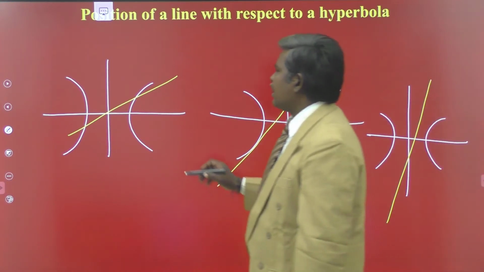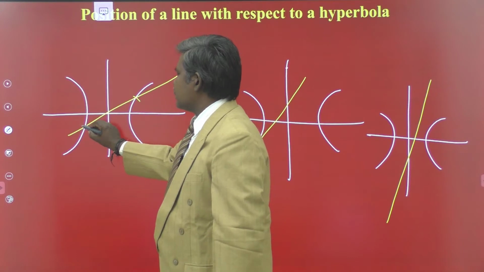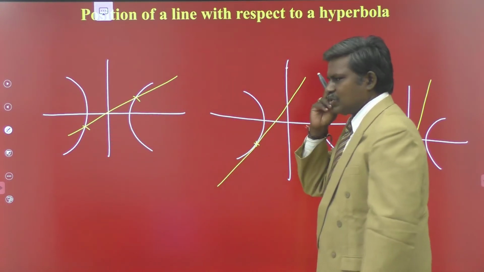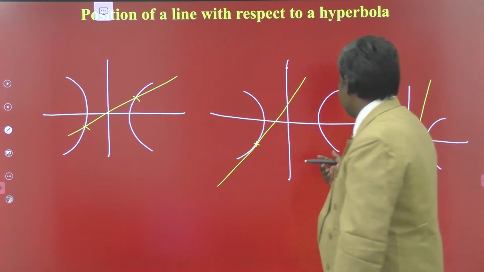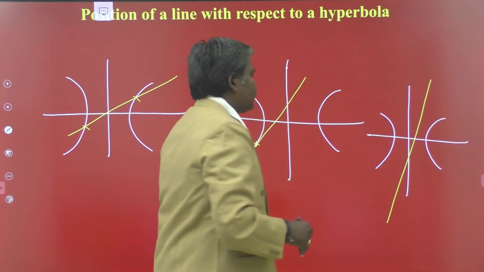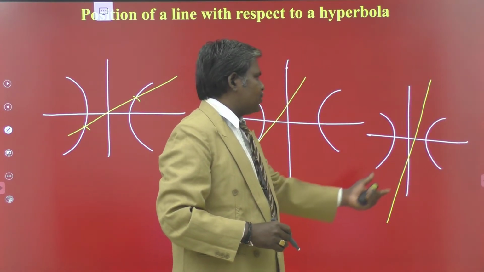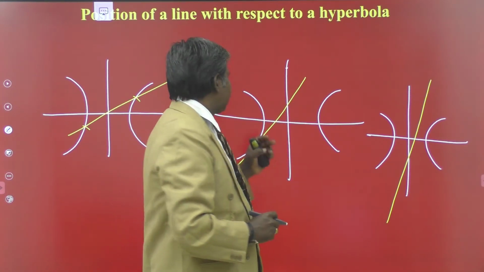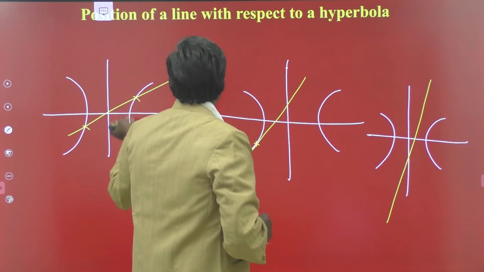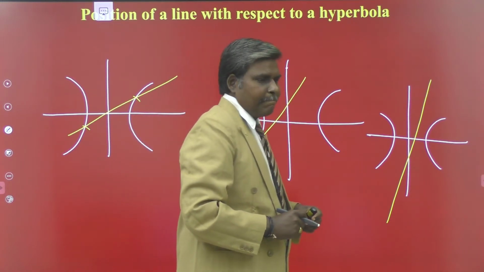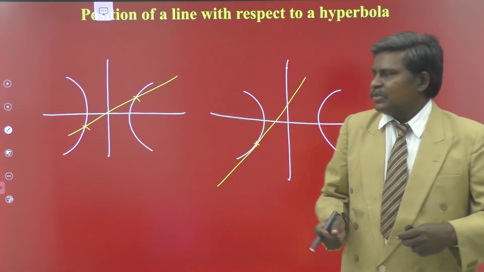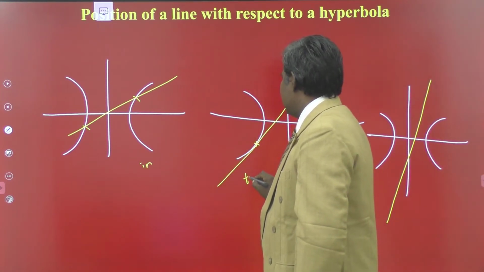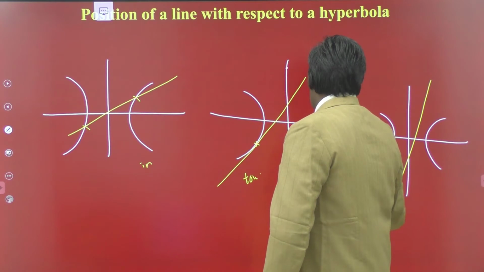Here the two points of intersection are real and distinct. Here both points of intersection coincide at only one point. Here the points of intersection are imaginary. Therefore, there are three possibilities for the line and the hyperbola position: here it is intersecting, here it touches, and here it is completely outside.